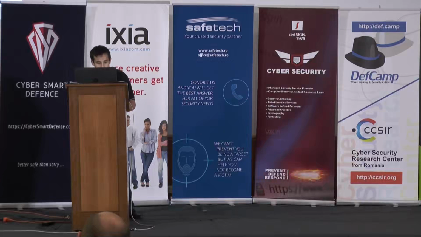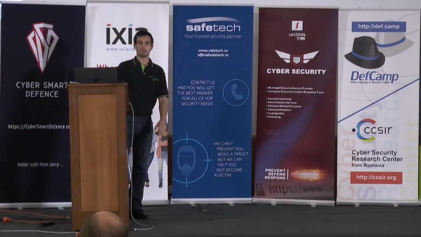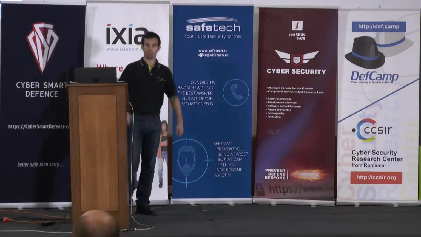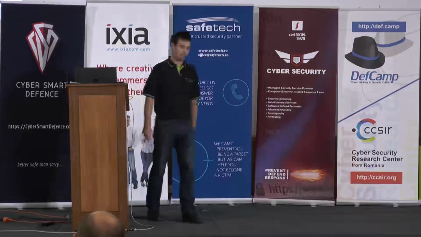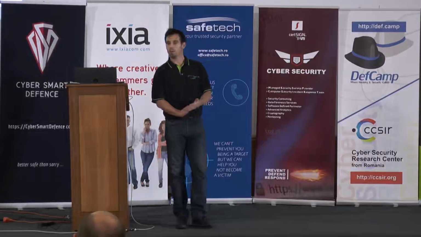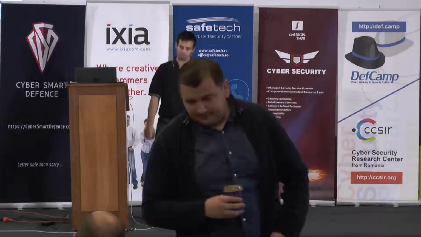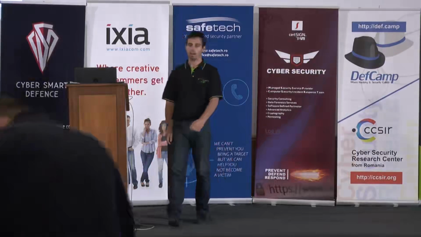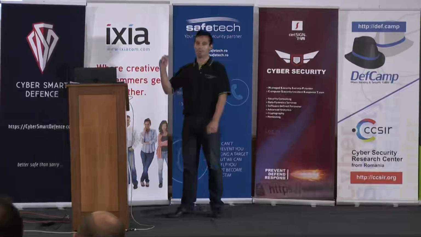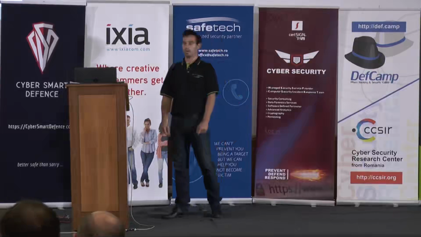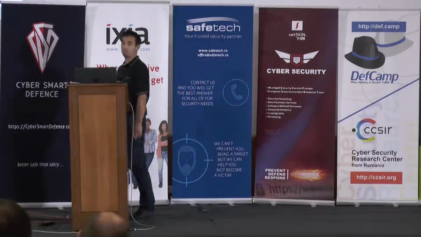Also, what we did change is the number of probes. Does anybody know what probes are? For those that don't know, if you are, for example, connected to your home network and then come to the DefCamp conference and turn on your Wi-Fi, your phone or device will ask, hey, is my home network around? And this is actually a probe.